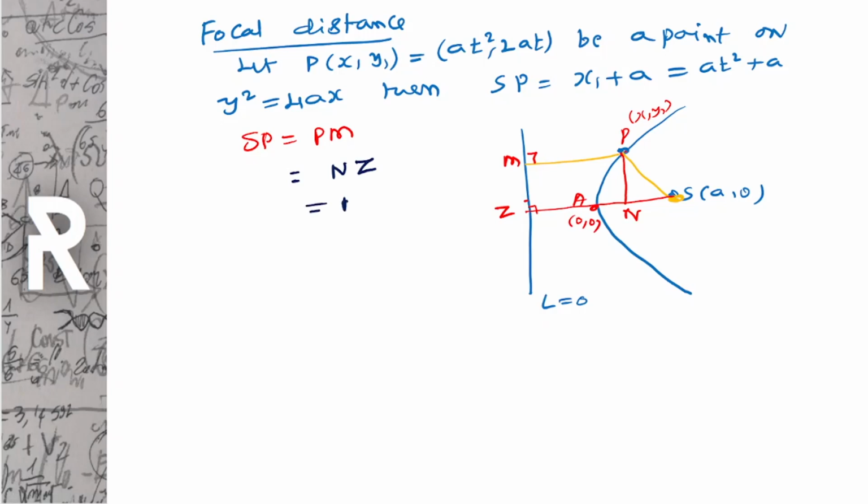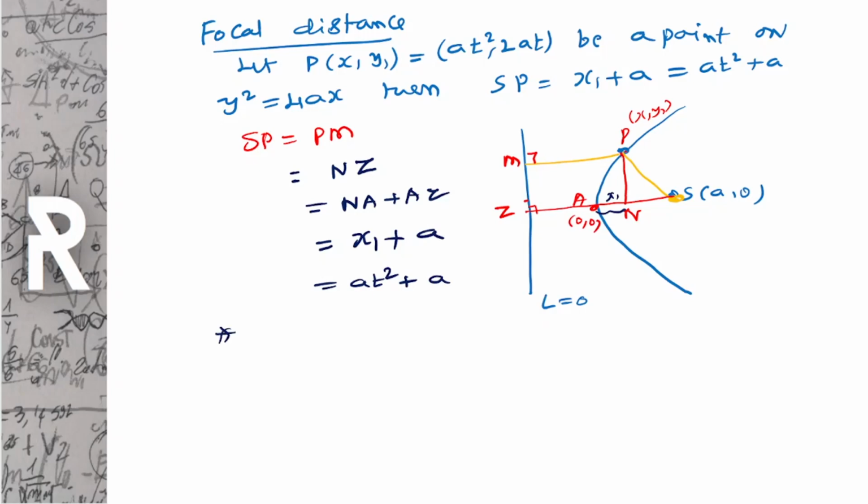NZ is written as NA + AZ. NA is x1, the distance from the origin to the foot of the perpendicular from P(x1, y1) on the x-axis. AZ and AS are both equal to small a. In the case of the parametric point, it is at² + a.